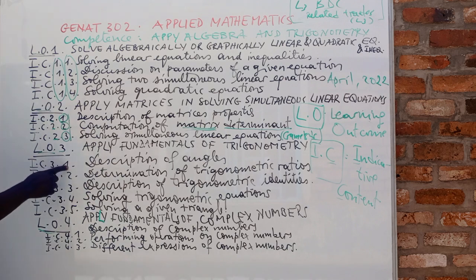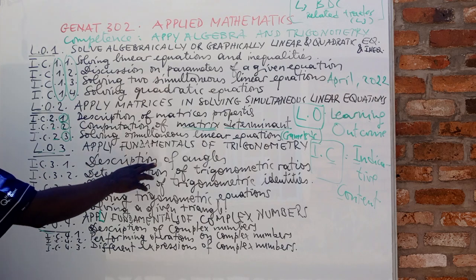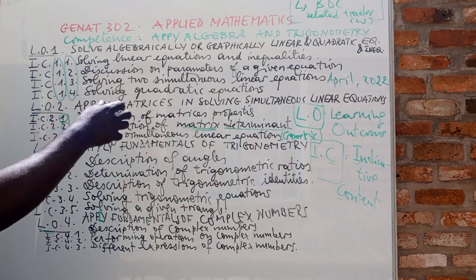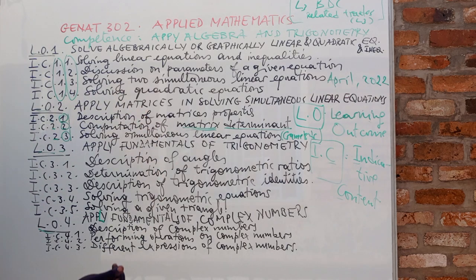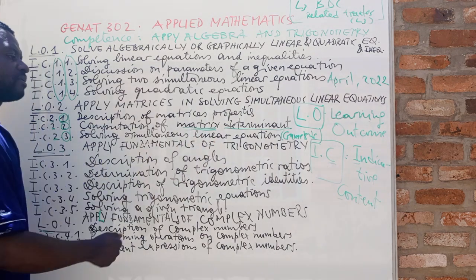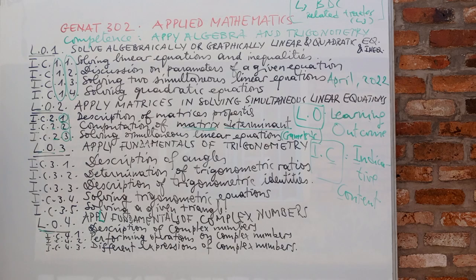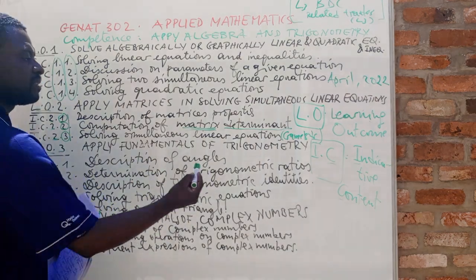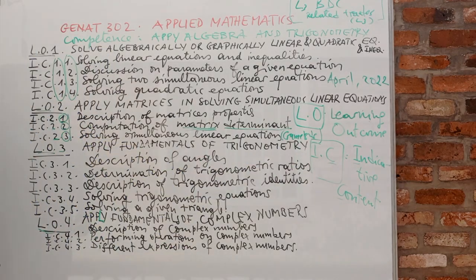The first indicative content is the description of angles. Here we will mostly focus on different units of angles and their conversion from one to another, and some simple theorems about angles, especially in triangles, because we are dealing with trigonometry.